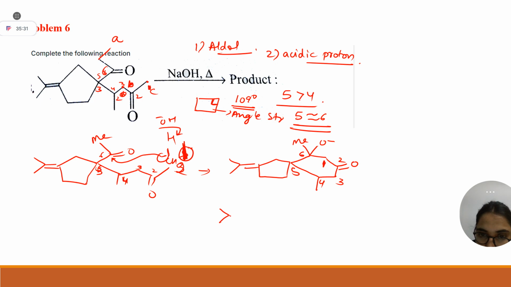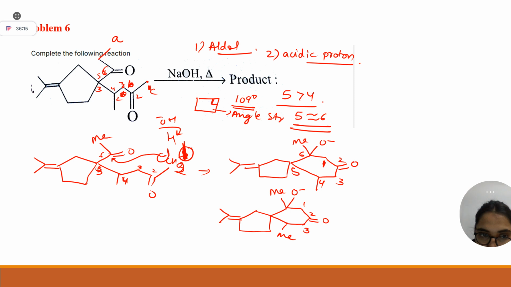Let me draw it here in a better way. Done. Now you know that on carbon number 6, one methyl is there. So, let's draw one methyl. Since it has attacked that carbonyl, it will become O negative, and this attack is from this carbon. Carbon C double bond O. At carbon number 3, nothing was there. At carbon number 4, one methyl was there.